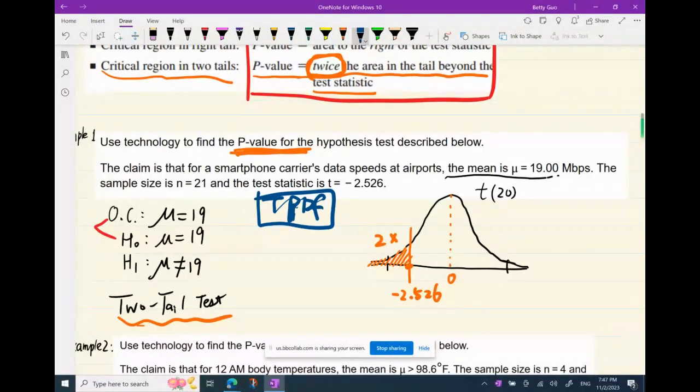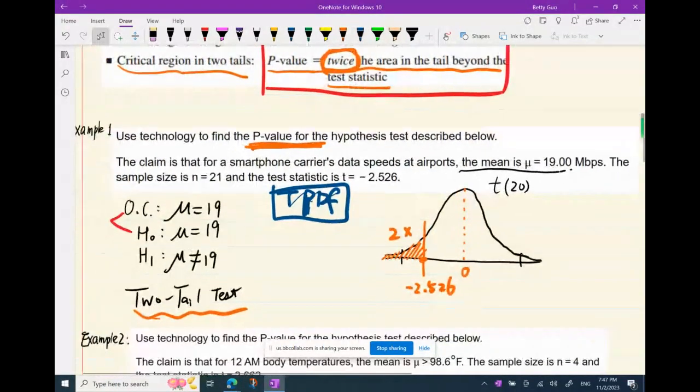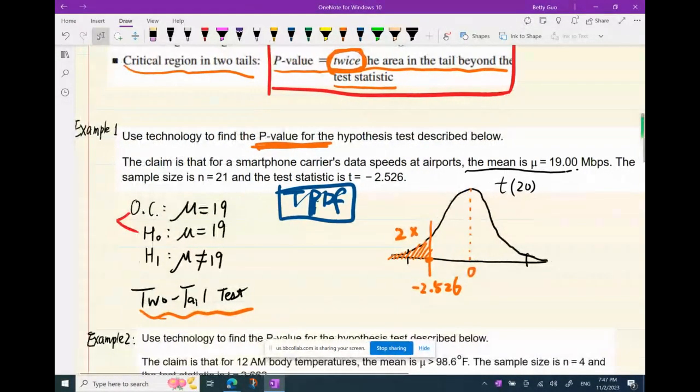Turn on your calculator. A TI-84 calculator, very useful for the class. My experience is students love the calculator, and it can make your job a lot easier instead of manually calculating everything. So let's go to second verse.